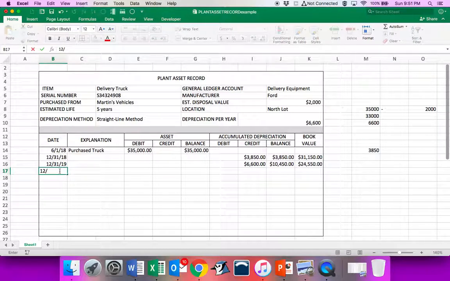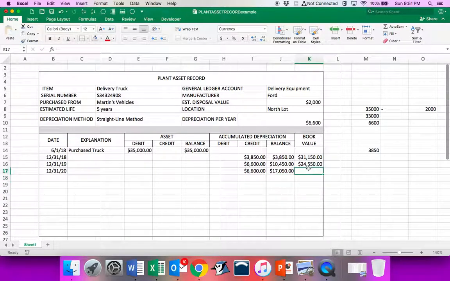Now we have 12/31/20. Same thing, 6,600. We add the current balance of depreciation to this year's depreciation. Then we take the book value and subtract this year's depreciation from it.